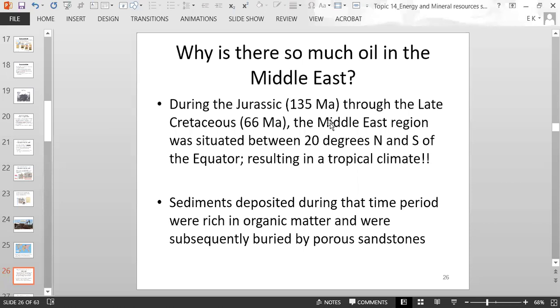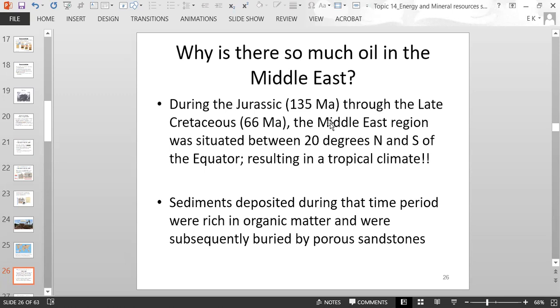So the Middle East was tropical, and that led to a lot of productivity of plants and other photosynthetic organisms. And then the sediments deposited during that time period were rich in organic matter and then were subsequently buried by porous sandstones.